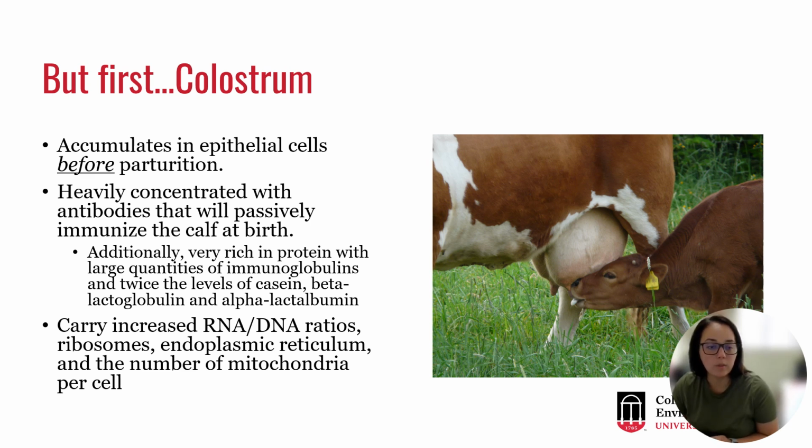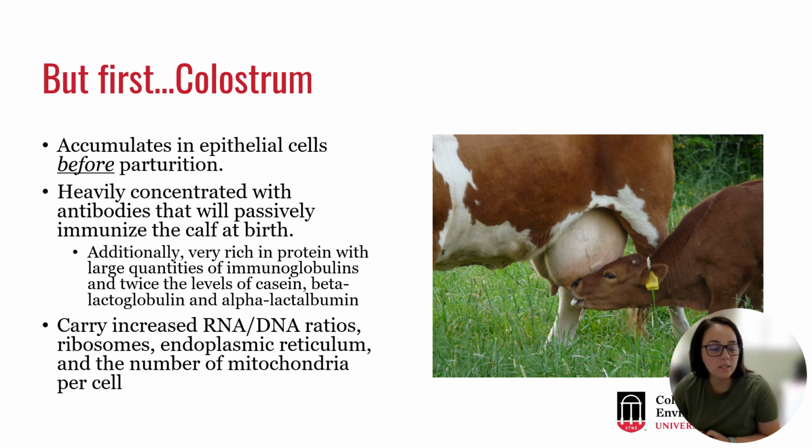That colostrum is very heavily concentrated with antibodies that will eventually help immunize the calf when it's born. Building the immune system and getting nutrients to that calf within the first 24 hours is obviously critical to its further development.